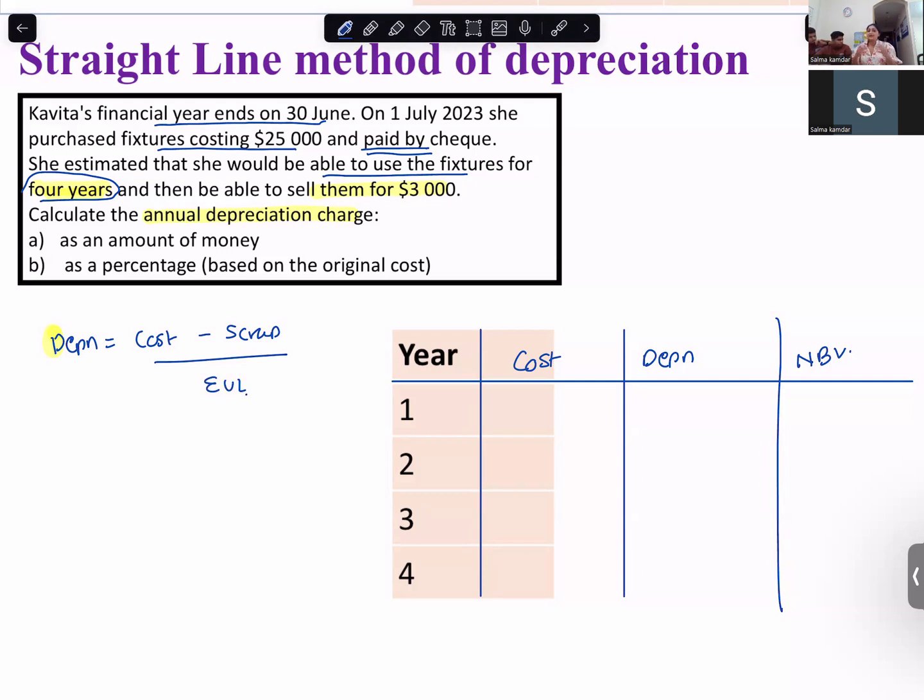The amount at which you can sell. It is also called the residual value. In this Kavita sum, what is the cost of your asset?